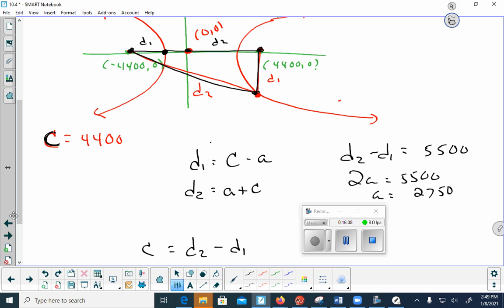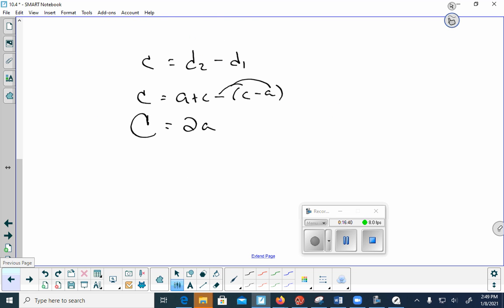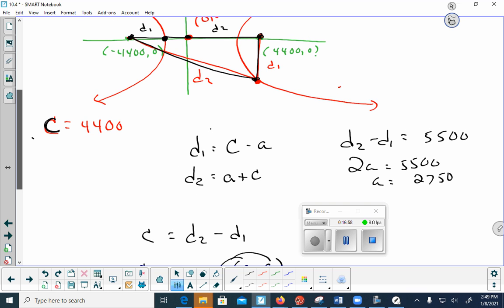So what do I have so far? Well, I have x squared, because I'm opening left and right, x squared over a squared, which will be 2750 squared, minus y squared over b squared is equal to 1. Well, I don't know b squared, but I do know c.